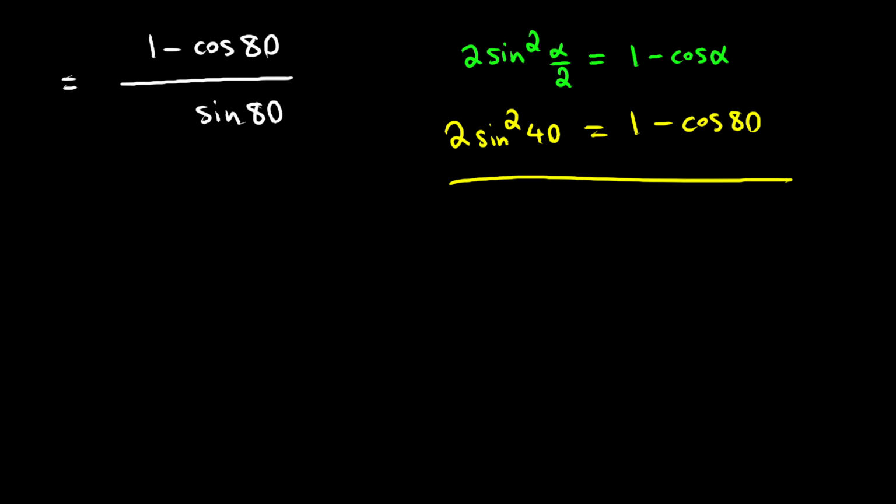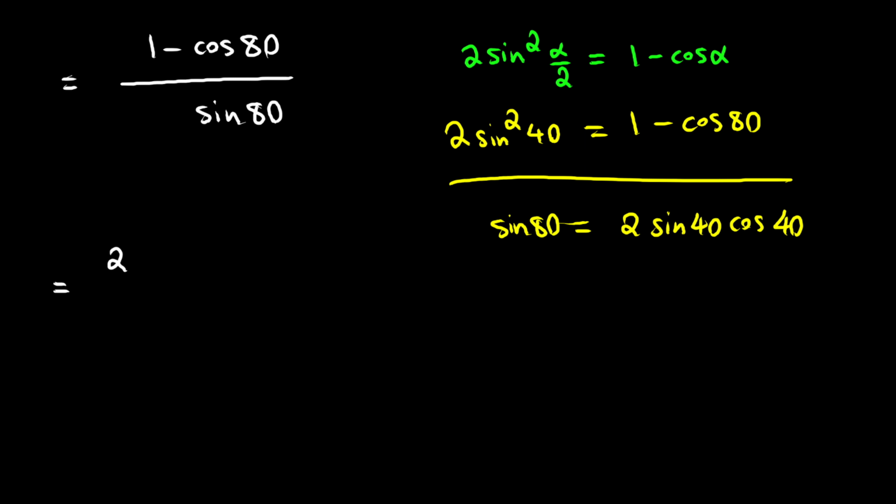And we can use the double angle identity for sine of 80. So this equals 2 times sine of 40 times cosine of 40. Now, the reason we use these two formulas is that we will have sine of 40 in both of them, and then we will be able to cancel them eventually.